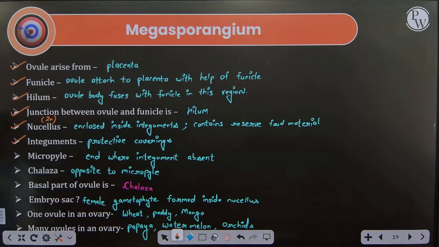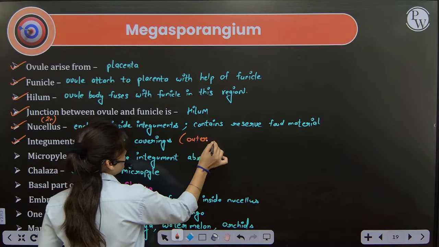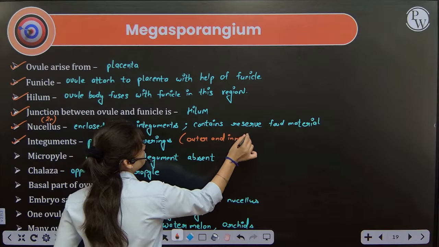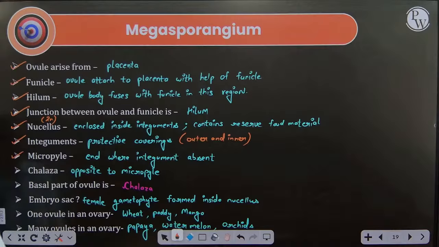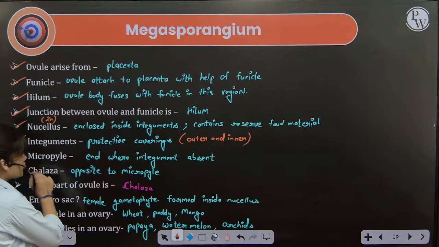There are two integuments, outer and inner. Next, micropyle. Micropyle is that end where these integument layers are absent. Next is chalaza.